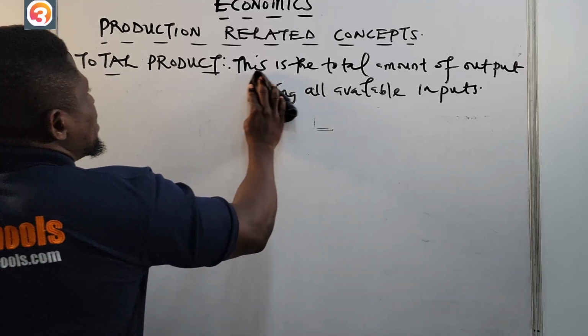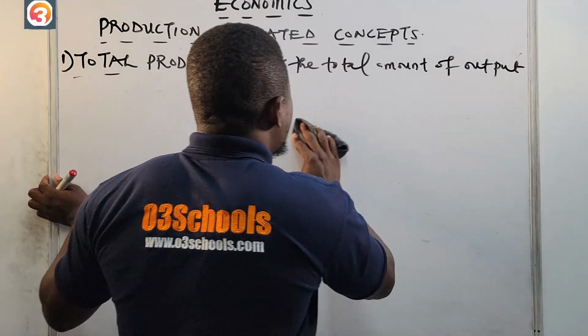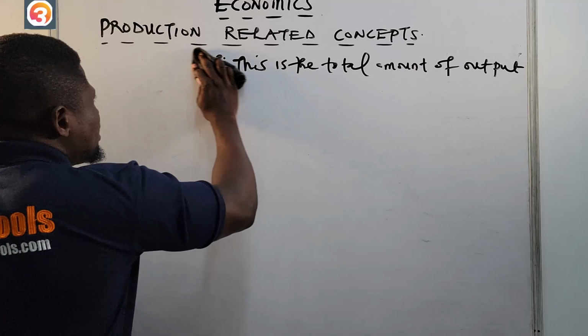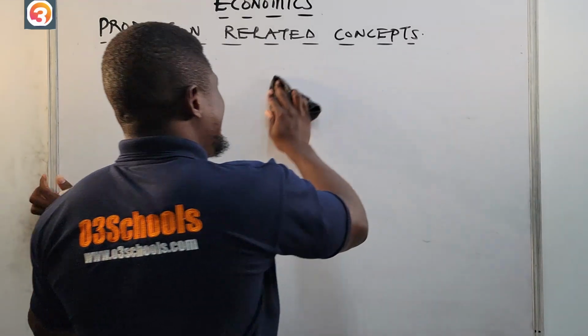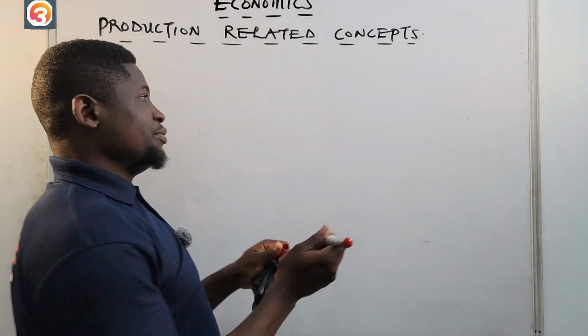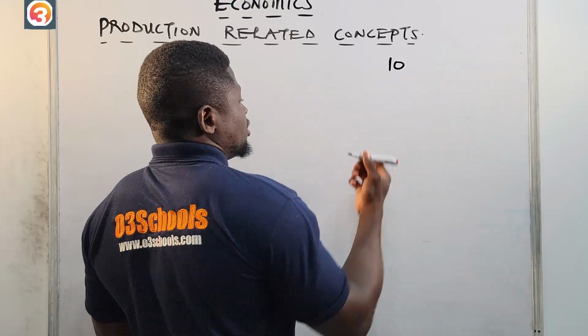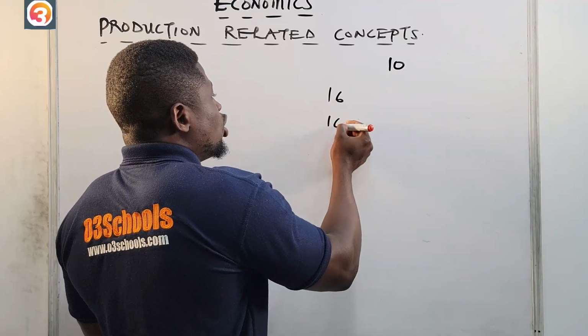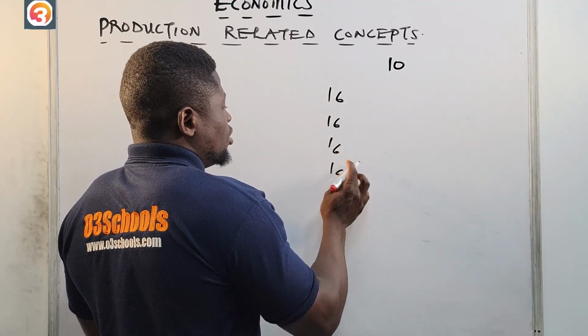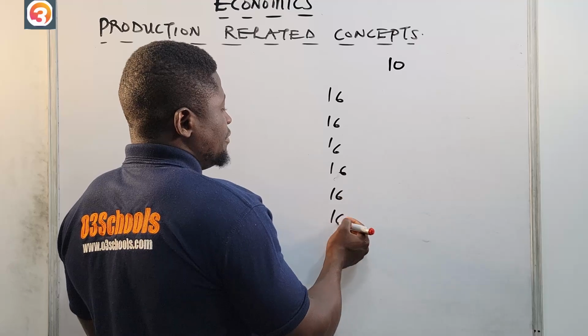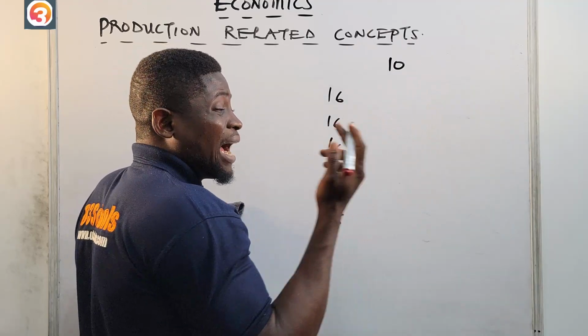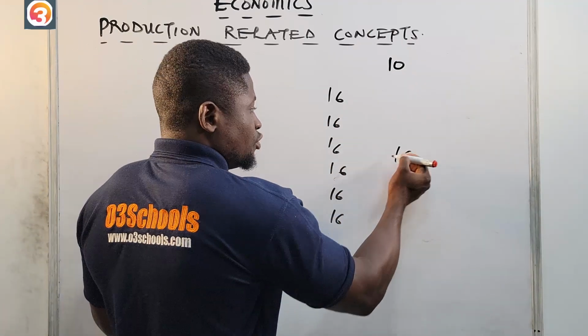Average product. You know what average is already. Let's say, for example, you wrote a test and you're supposed to write 10 subjects. If you score 16 in all the 10 subjects, what will be your average score? Your average score will still be 16, isn't it?